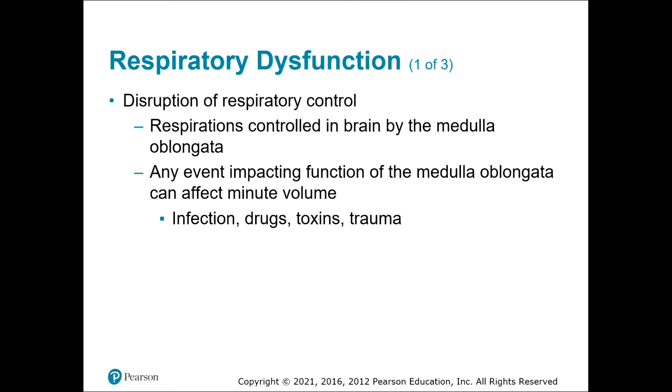Any disruption of the respiratory control center affects our respiratory rate and our respiratory depth. Any event impacting the function of the medulla oblongata can affect our minute volume. So, infection, drugs. What's the most common drug that we see affect our respiratory drive? Opioids. There you go. I just hit my 10th opioid overdose this last week.